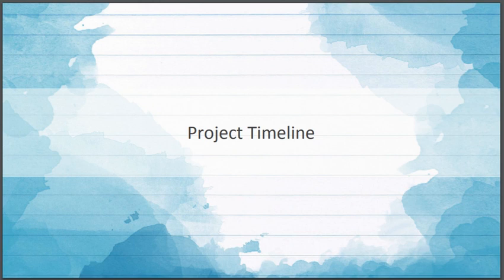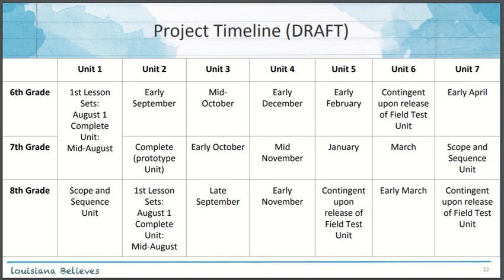Now that we've looked at the lesson resources available for each unit and the guidance document, we'll move on to the release schedule for the other OpenSciEd units. The preliminary timeline shown here is based on having materials ready for teachers just in time during the 2020-2021 school year.